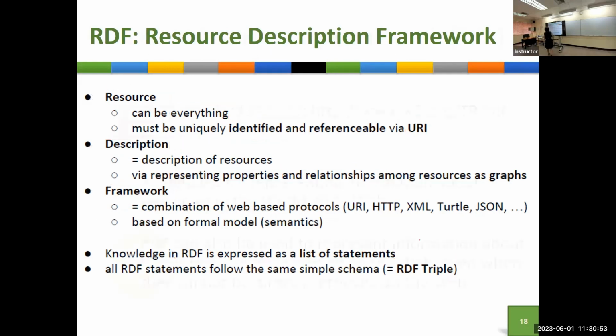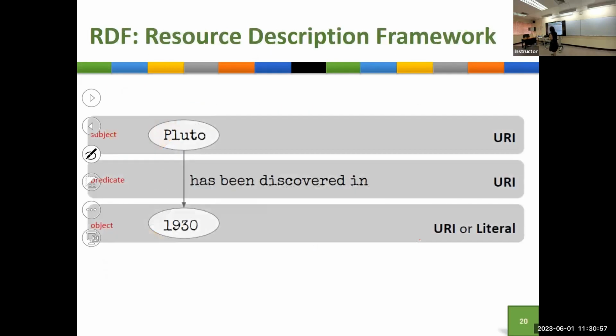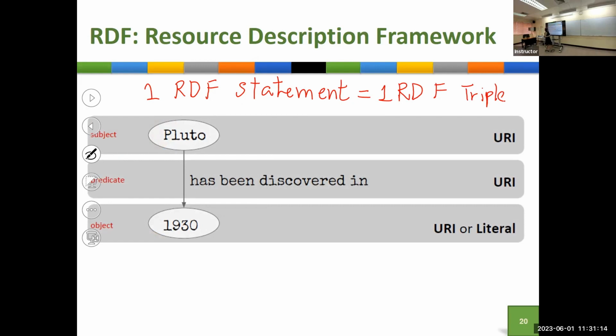And okay, here, this is one RDF statement. This is one statement having node, link, node form, and we call it a triple.